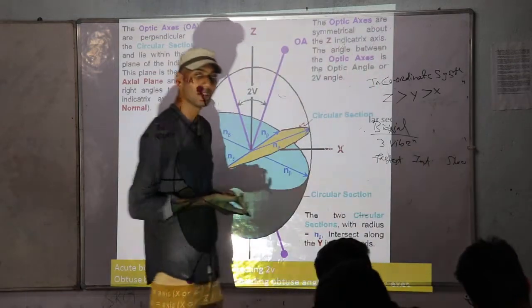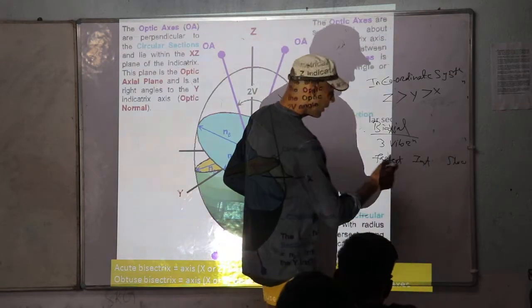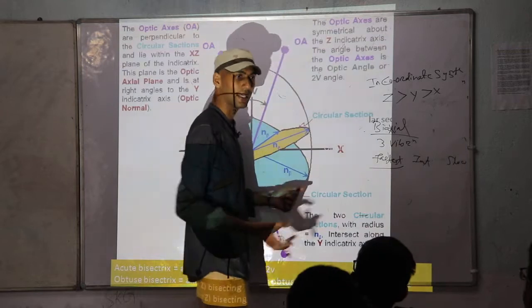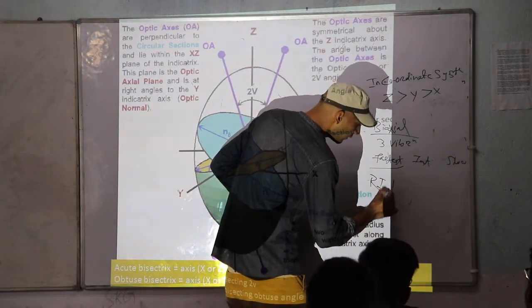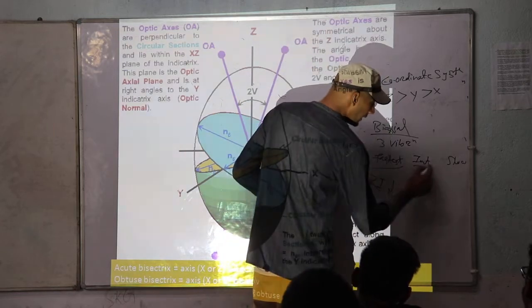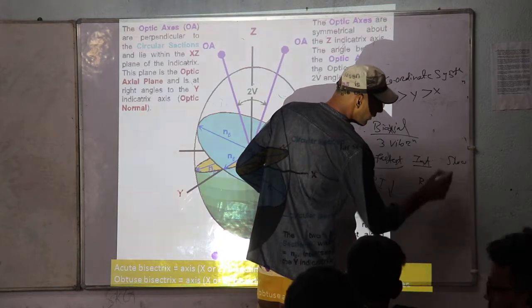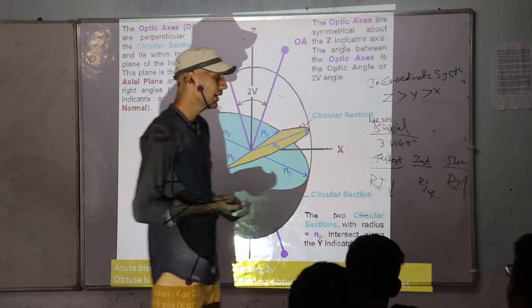Talking about the fastest vibration direction, fastest vibration means velocity is higher, so the refractive index will be lower. For intermediate, the refractive index will be intermediate. For slowest, the refractive index will be higher, right?